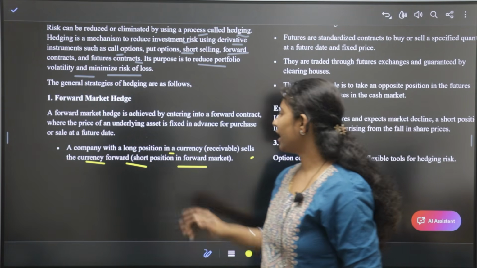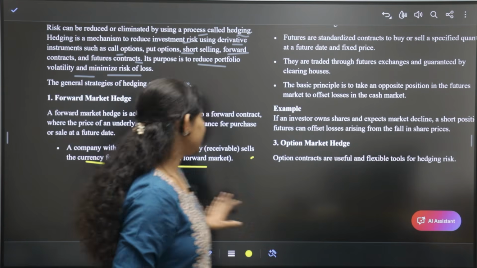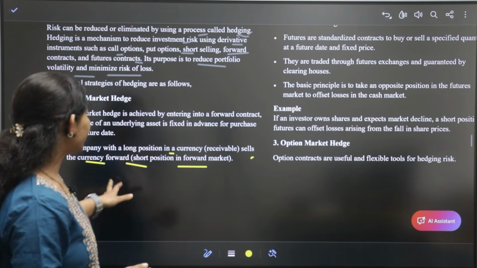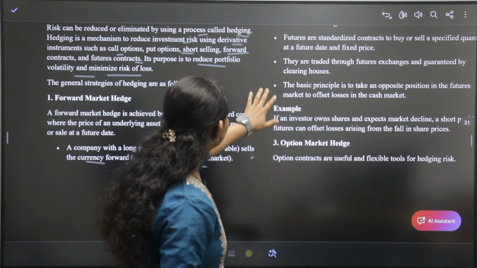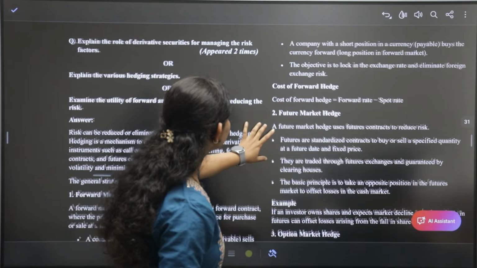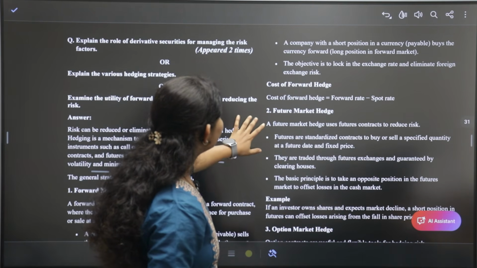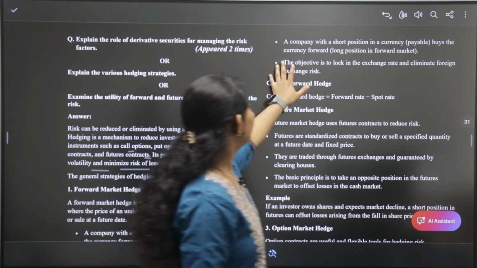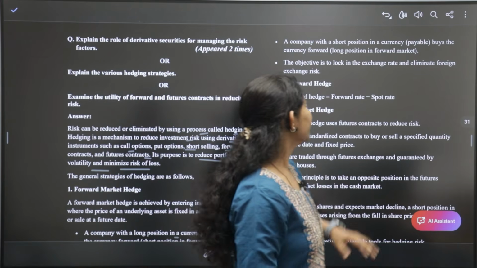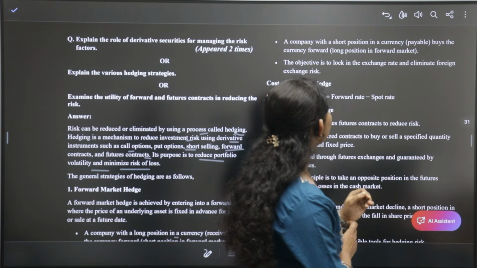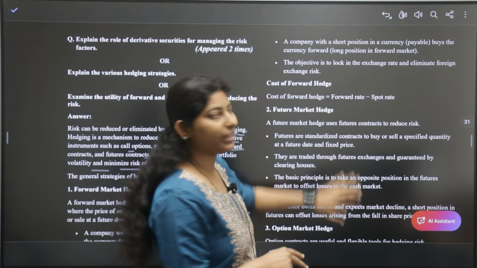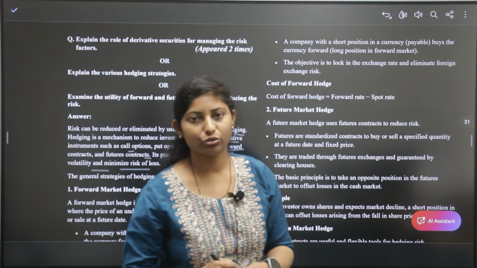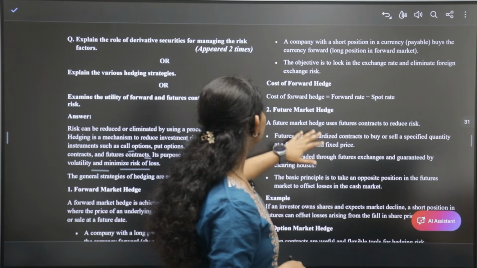A company with a short position in a currency, a payable, buys the currency forward, because they take the long position in the forward market. The objective is to lock the exchange rate and eliminate foreign exchange rate risk.